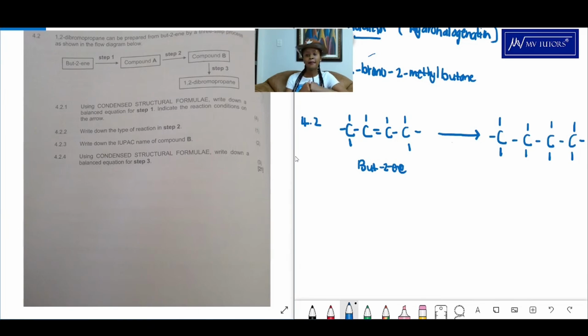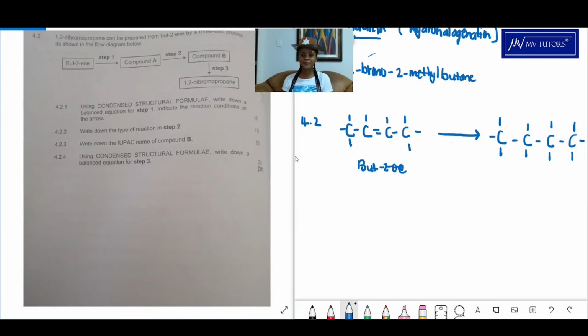So for me, it would make sense to have it crack. And cracking, I should actually check this out, but I've only seen cracking happen for alkanes. So you have an alkane, it cracks, and then it forms an alkane and an alkene. I haven't seen a haloalkane cracking. I've only seen alkanes crack, or heard of.